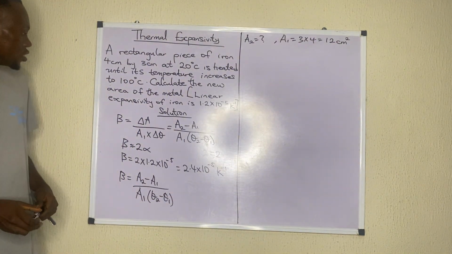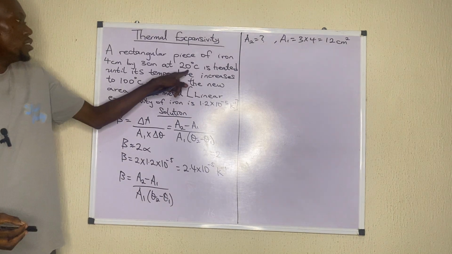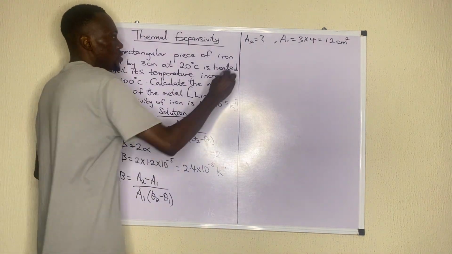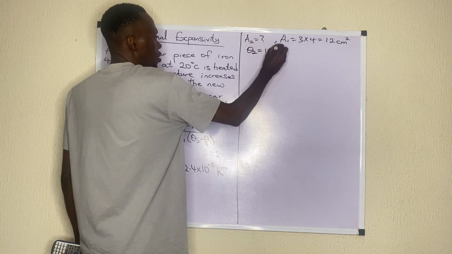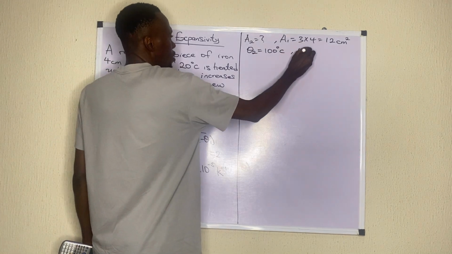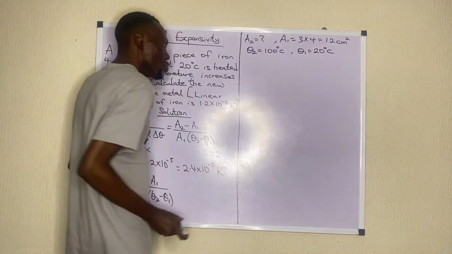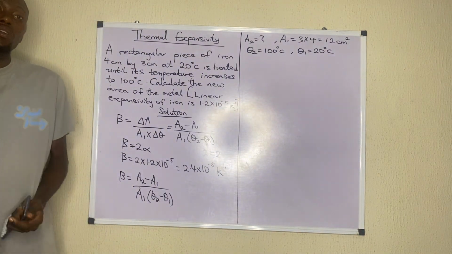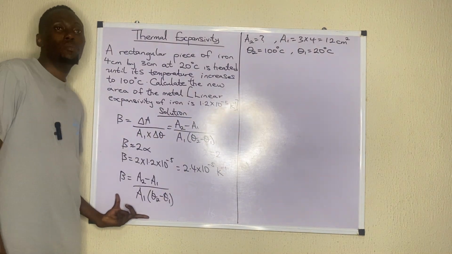The final temperature is 100 degrees centigrade and the initial temperature is 20 degrees centigrade. So theta 2 is equal to 100 degrees centigrade and theta 1 is equal to 20 degrees centigrade. Having put down all my data, I can plug them into the formula to solve.